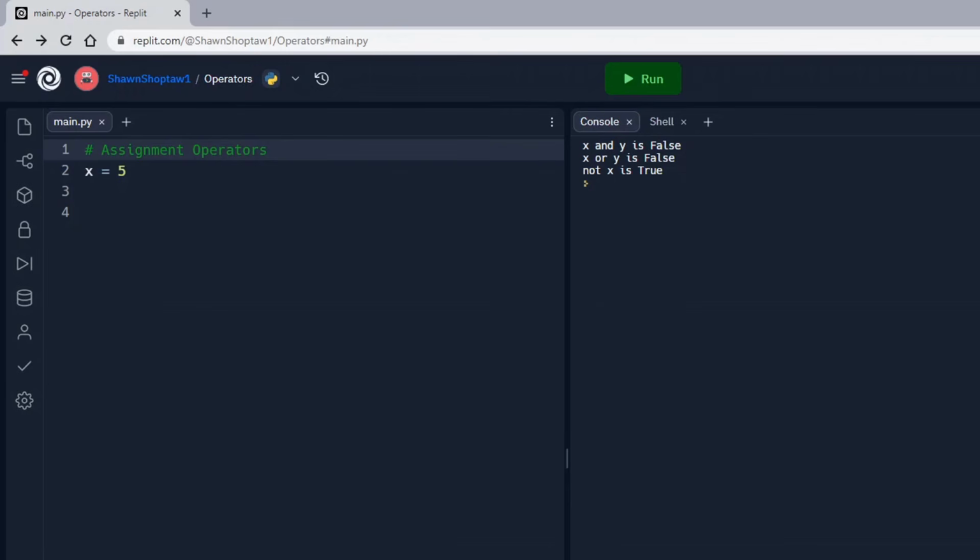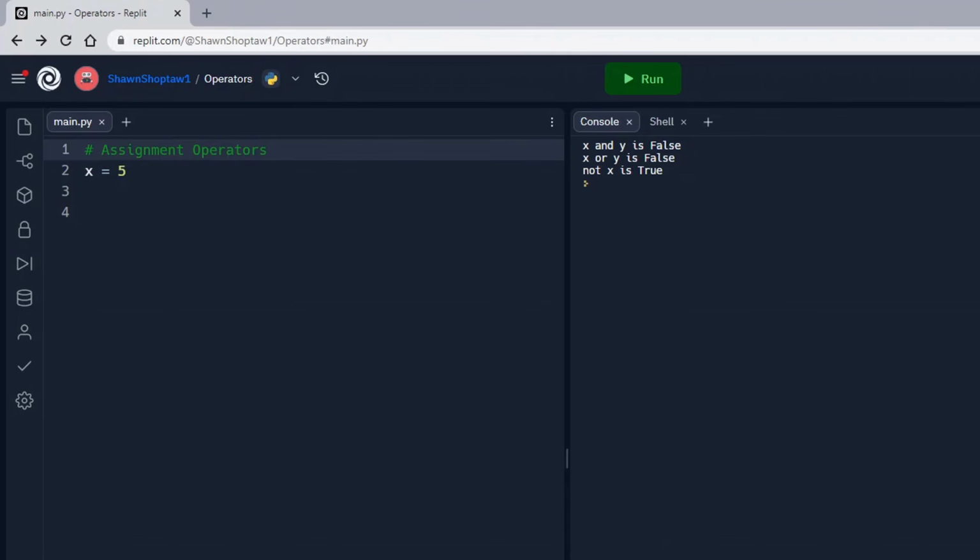Alright, the last operators we're going to talk about in this video is assignment operators. And assignment operators allow us to do some short code and use an operator and then assign it at the same time.